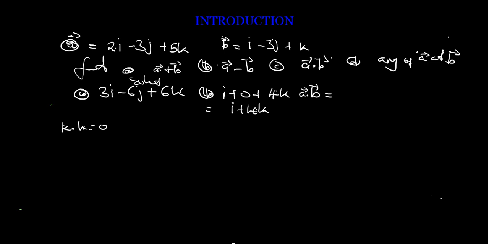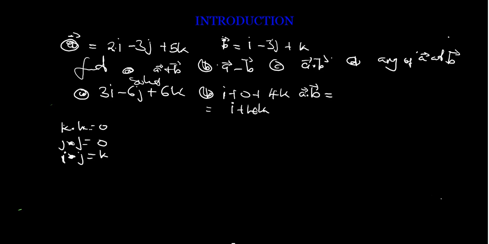If you are multiplying j times j, this will give you 0 again, okay, are we there? But if you are multiplying i dot j, like that, that will give you positive k.